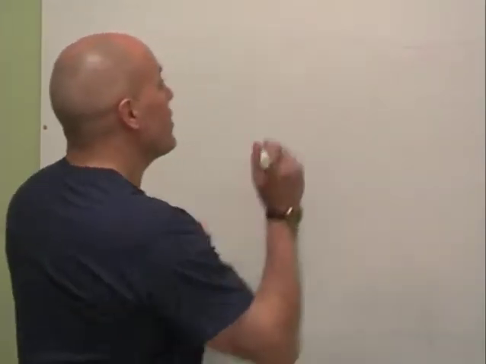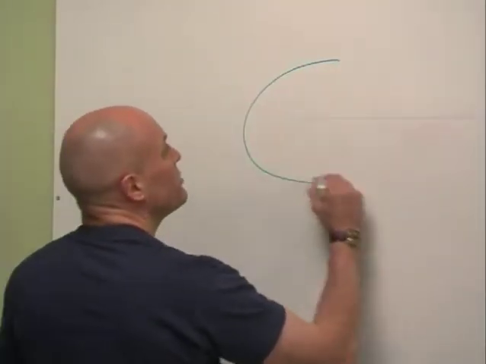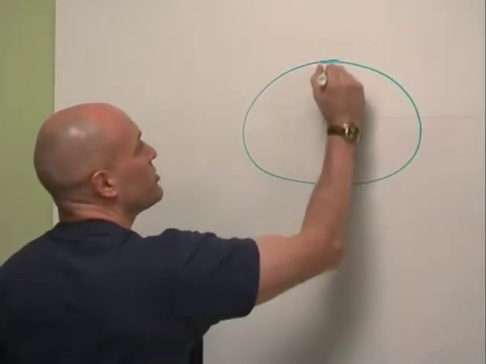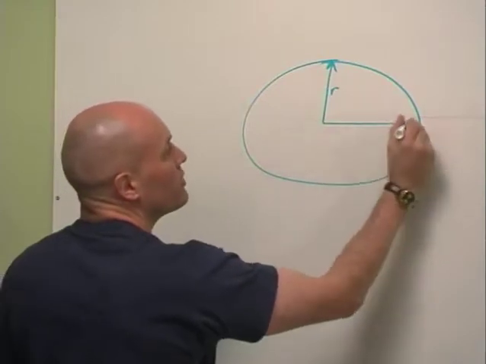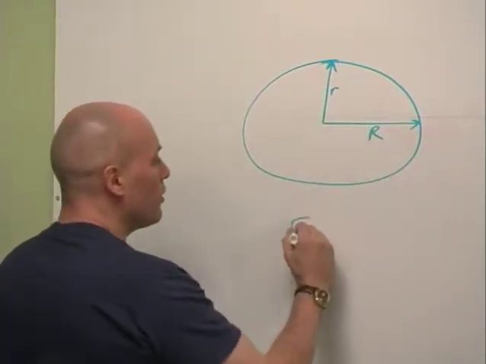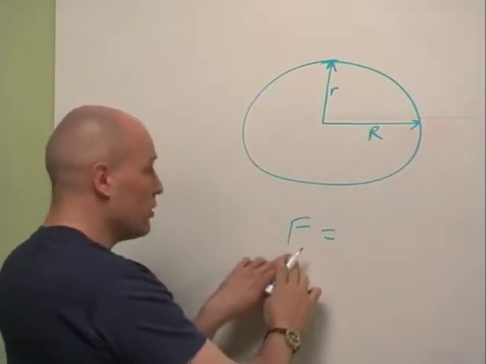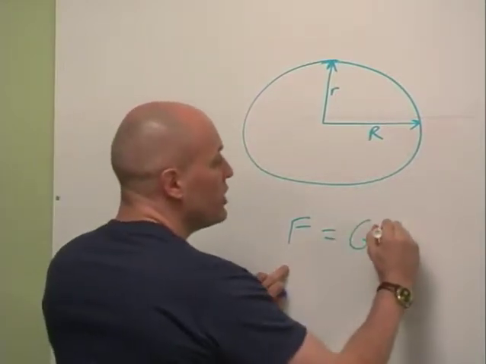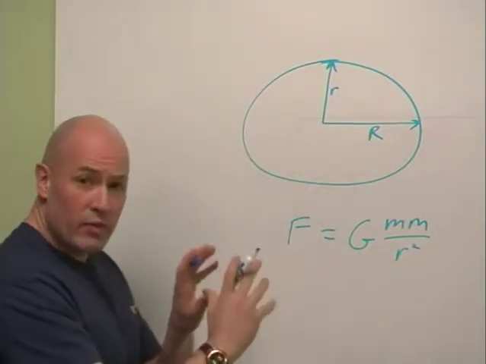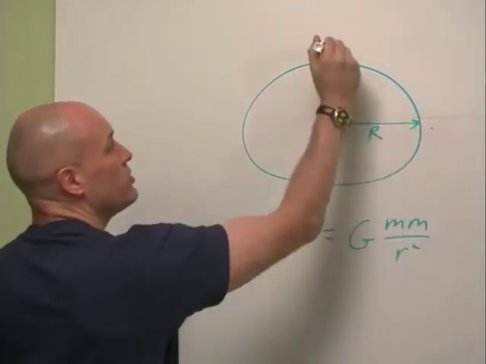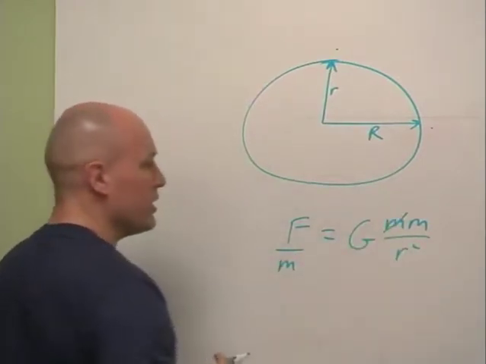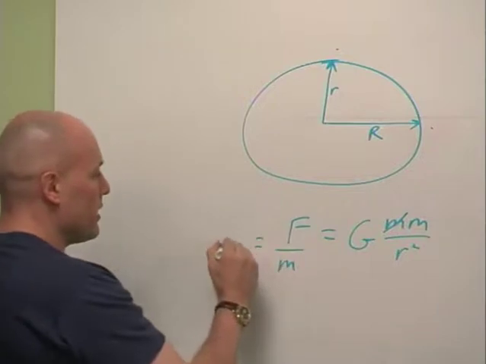What they're asking here is, when the Earth spins, you want to know that it kind of flattens out. And so R to the North Pole is going to be smaller than R to the equator. And if you recall that from Newton's law of gravity, F equals GMm over R squared. If I want to find out about the acceleration here versus the acceleration at the North Pole, divide by m on each side, and I'm going to get acceleration.